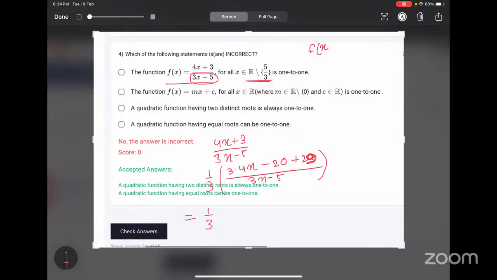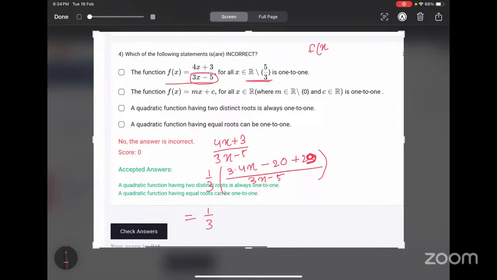One thing I was thinking: multiply and divide by 3x minus 5 in both denominator and numerator. So we'll get 3x minus 5, the whole square. Okay, you can share your thoughts. Just take the photo of your notes.